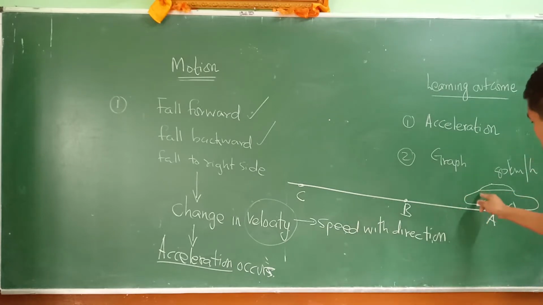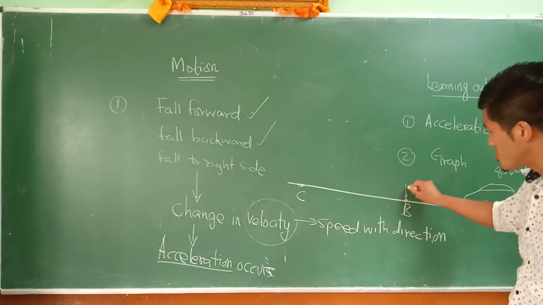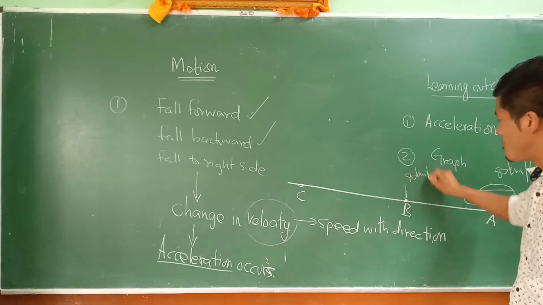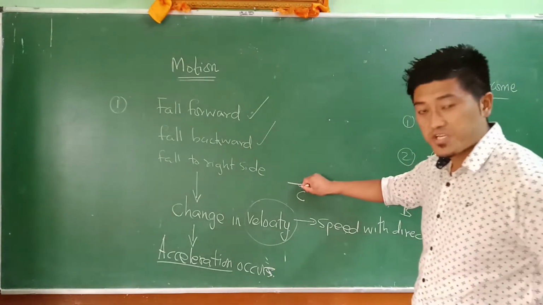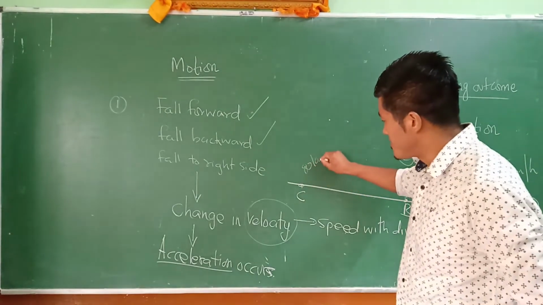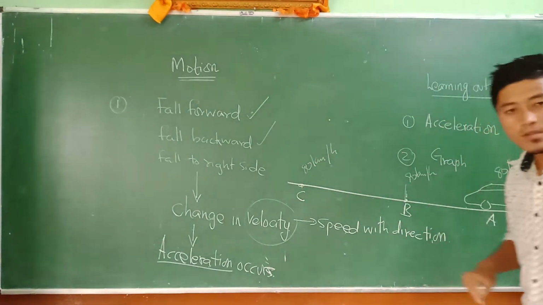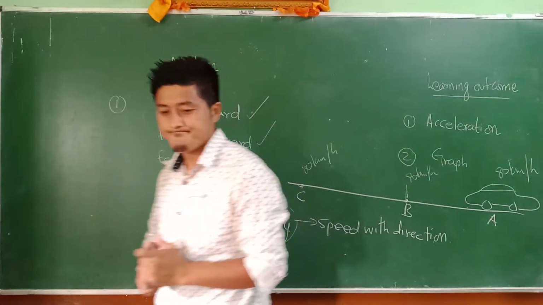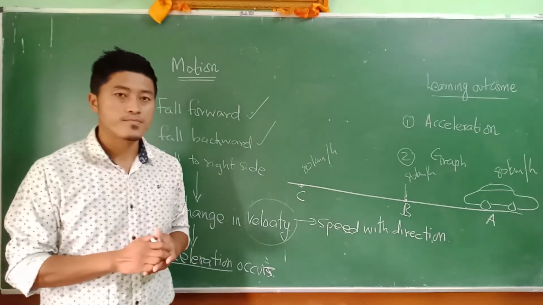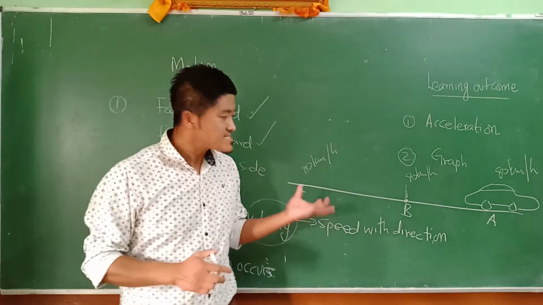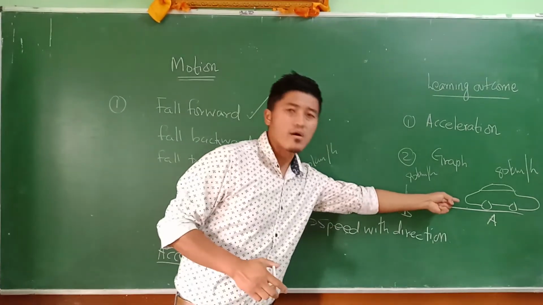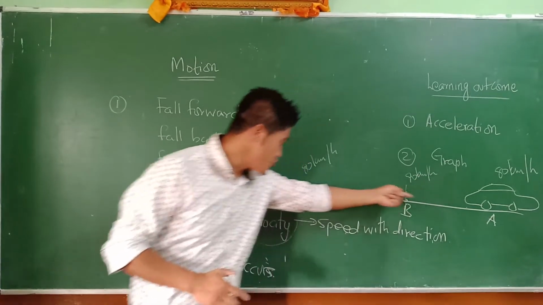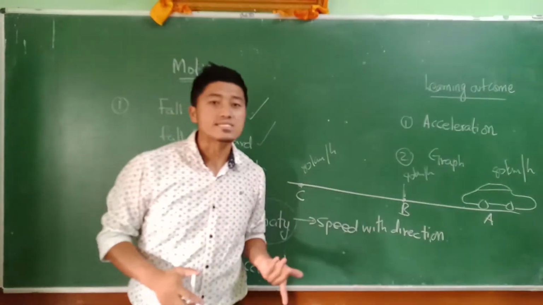And the moment this car reaches this position, again it is 80 km per hour. And even at this point here, see, 80 km per hour. In this case, do you see any kind of acceleration? No. Because whenever any object travels at a uniform speed, there is no acceleration.